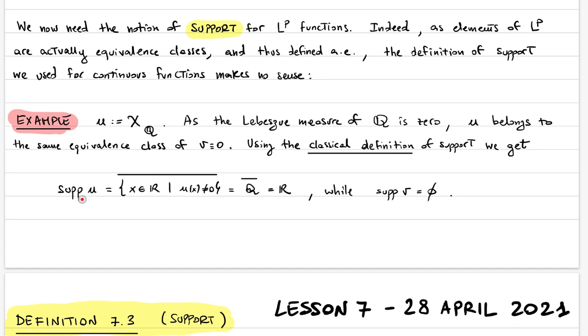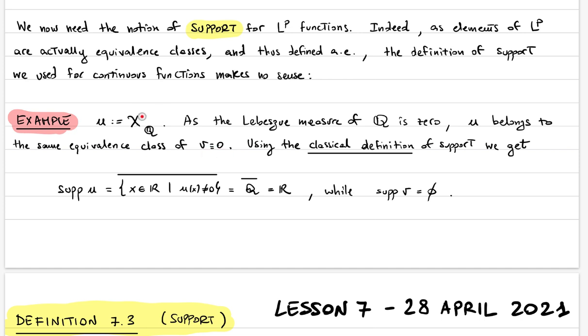So in this case, the support of u is the closure of all the points x in R such that u is non-zero. But by definition, u is non-zero if and only if x belongs to Q. So this set here is the closure of Q, and the closure of Q with respect to the Euclidean topology gives R, because Q is dense in R. On the other hand, the support of v is empty, because there are no points where v is non-zero.